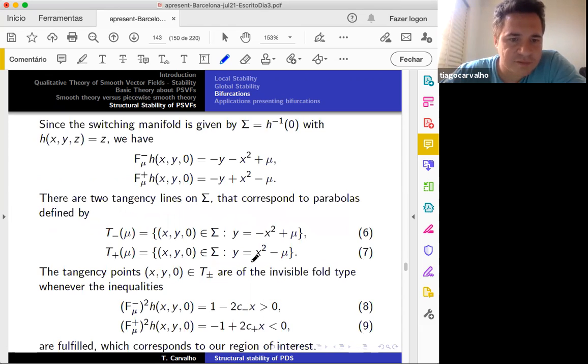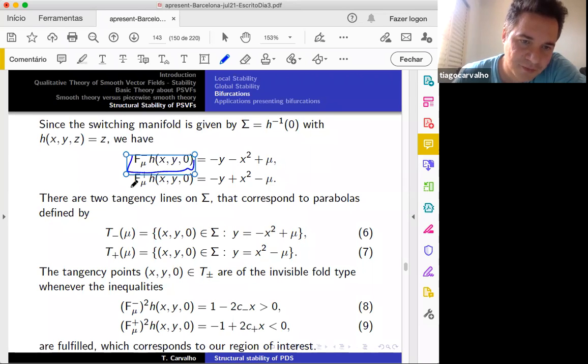So let's do the same calculations that we have done every time. We have to calculate the first Lie derivatives, which are these expressions.